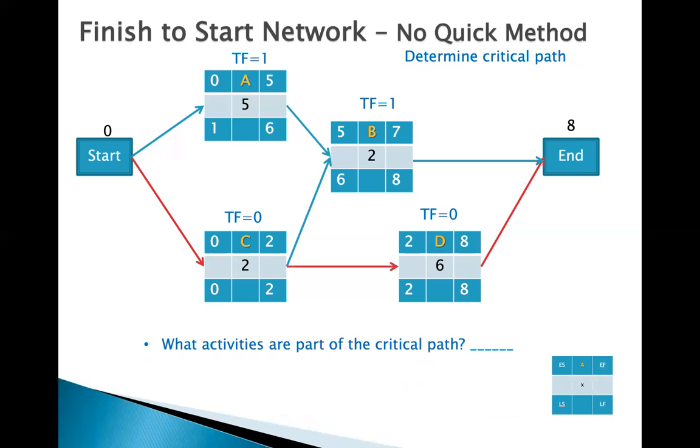It will be start, C, D, and end. Of course, for exam purposes, maybe you don't need to put start and end, but for a clearer explanation, it's start, C, D, and end. And what is the project duration here? It's 8 days.